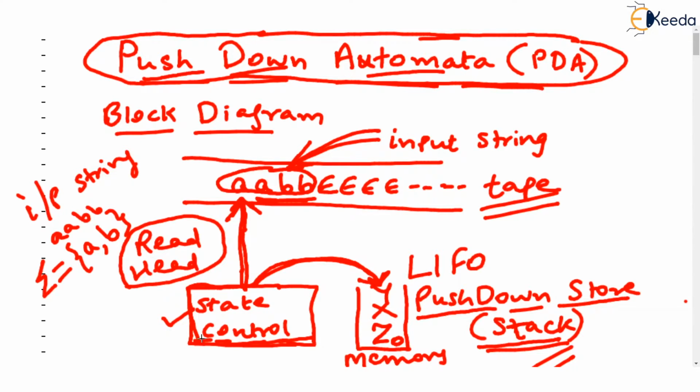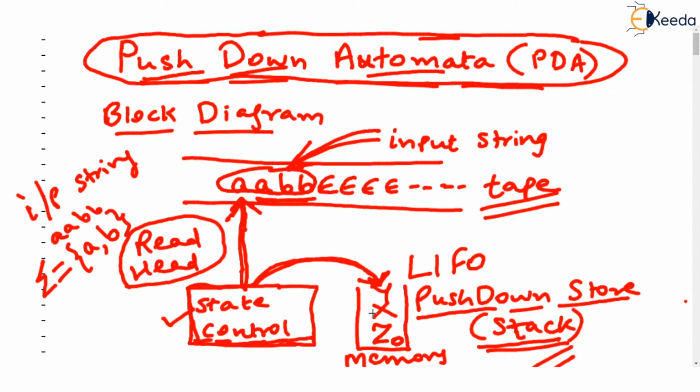So PDA has a finite set of states where Q0, Q1, Q2 can be the states. But most importantly, we saw that PDA has a pushdown store, which is a stack in which you can push or pop stack symbols.